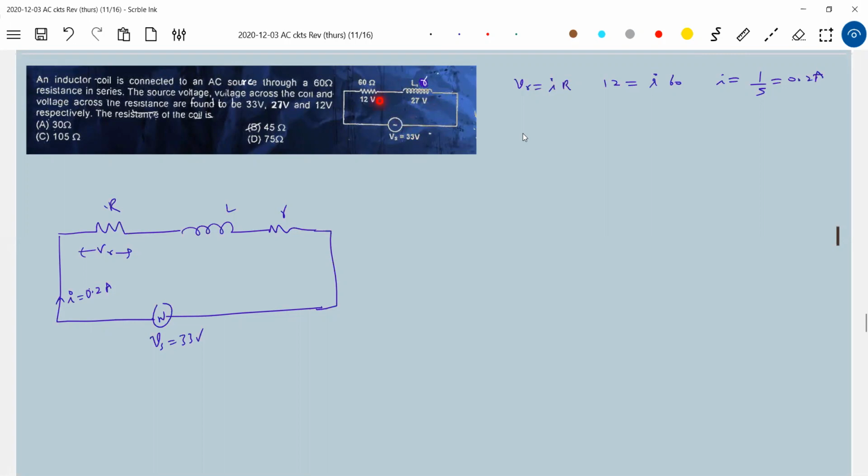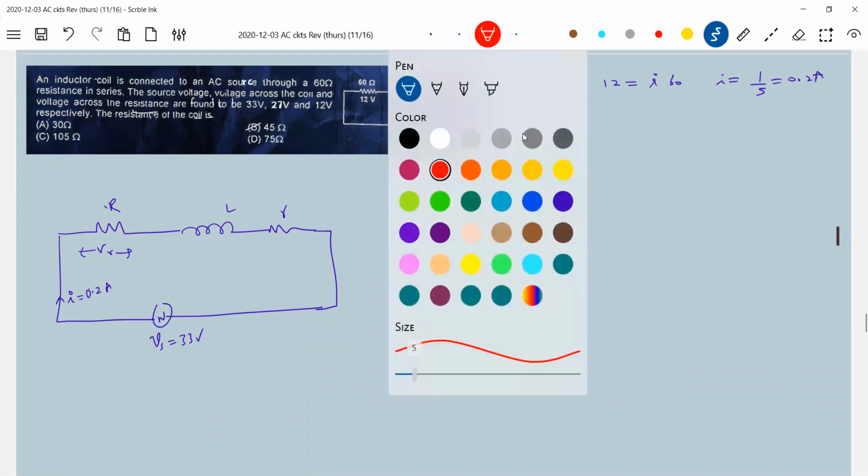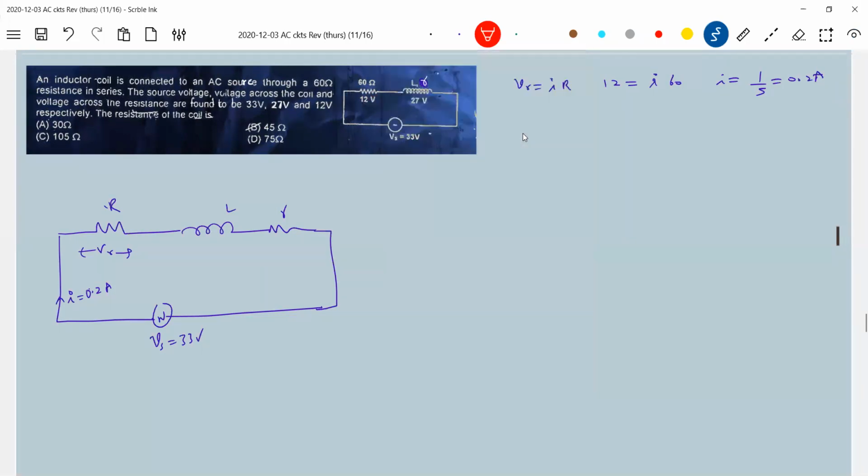So it's an RL circuit only. So what is the phase of current across this 60 ohm? The current should have the same phase across the inductor as well as the internal resistance. So I'll assume that the phase of current is zero. These are some things which you have to take care of here.